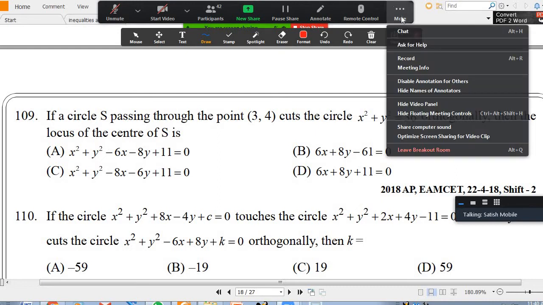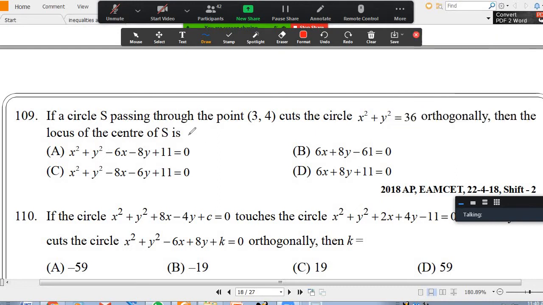A circle passes through the point 3, 4 and cuts this circle orthogonally. What is the locus of the center? One way is to take the center as x1, y1, find the circle equation where you know the center and one point on the circle, and then apply the orthogonality condition, d square equal to r1 square plus r2 square.